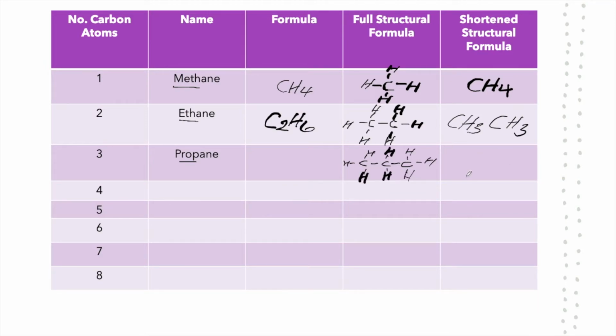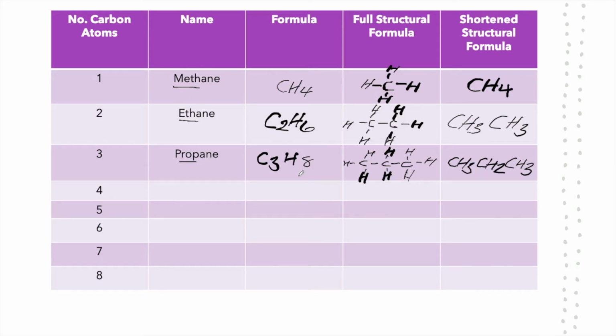For our shortened structural formula, again we are breaking it into the individual carbons, so it will be CH3, CH2, CH3. Our formula, which is how many carbons, how many hydrogens, will be C3H8.